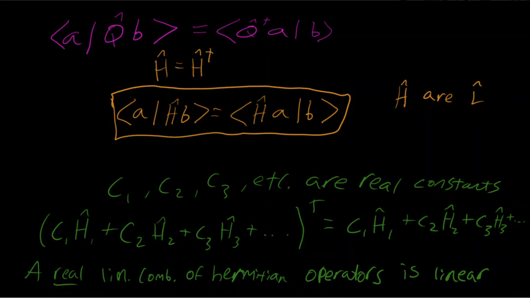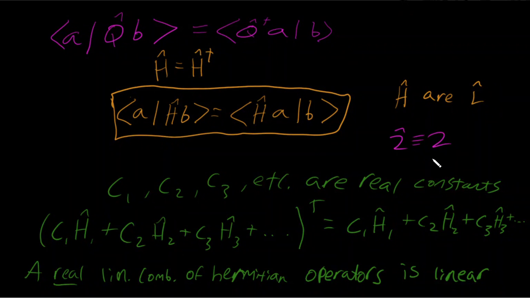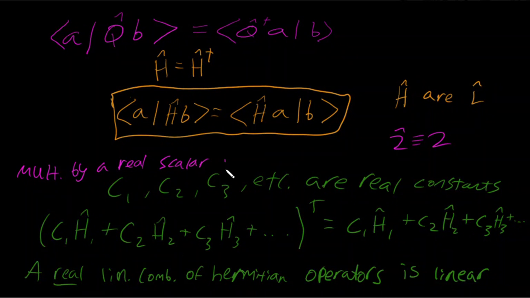The other thing to note is multiplication by a scalar, right? So for example, 2 hat is Hermitian, and if we just think about it, right, 2 hat, which is defined as just multiplying by 2, well, as long as it's real, this is another property that we'll have, I'll put it up here: multiplication by a real scalar is Hermitian, right?